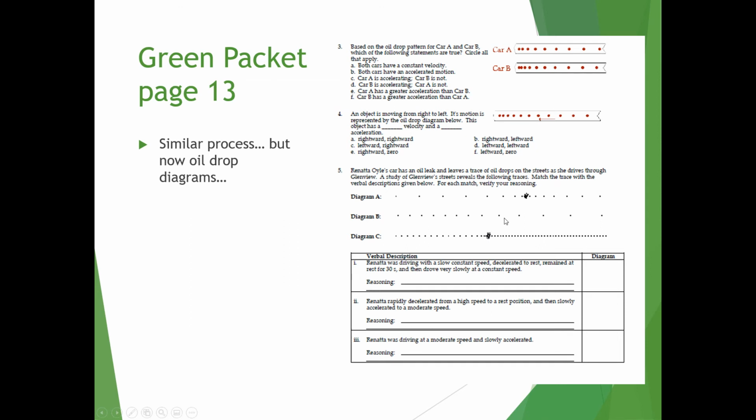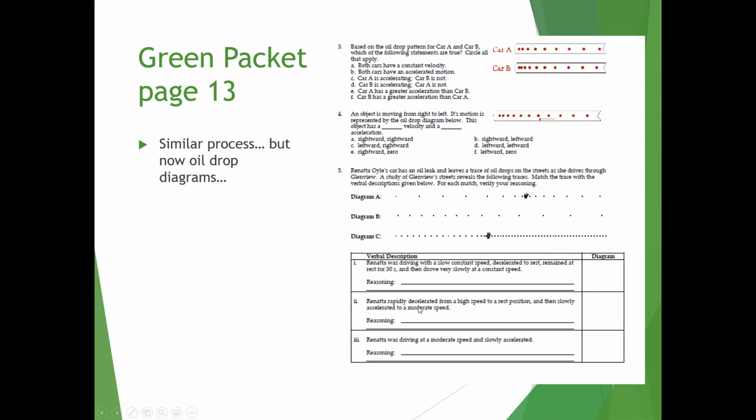Well, I'd say A and C both have this point where they're stopping because you're getting a pile of oil. But as far as being slow, I would say C is the one where it's mostly slow. So here I would say this is a constant speed. This is a constant speed. They decelerated right here and they stayed at rest right in that area where the oil pools up.